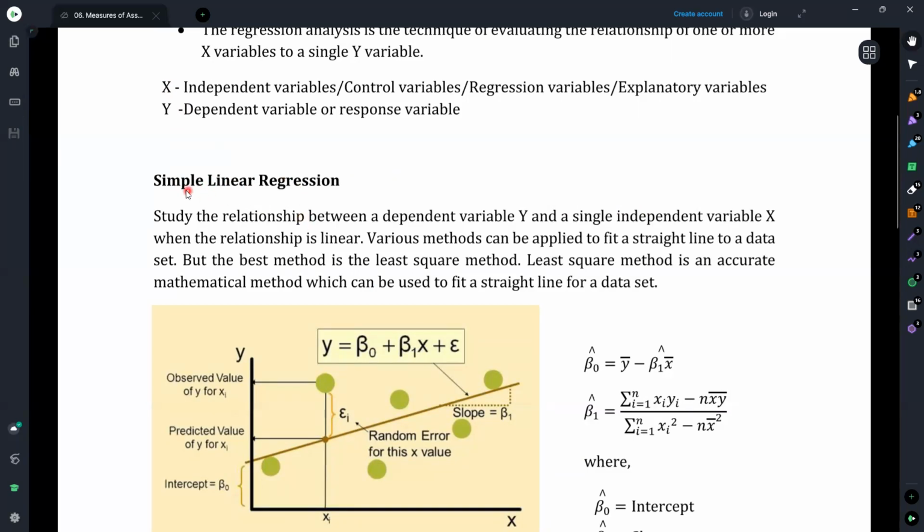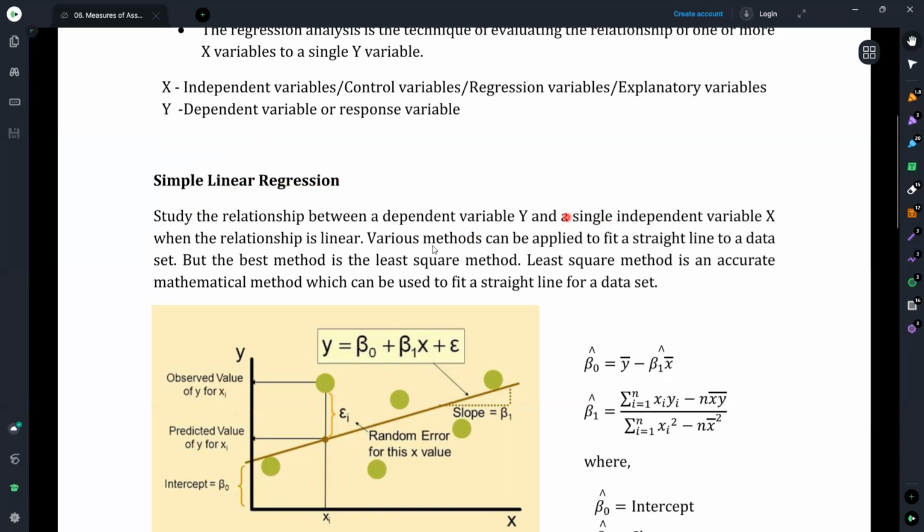That's why we call such a technique simple linear regression. Therefore, if we are finding the linear relationship between one dependent variable and one independent variable, the technique can be named simple linear regression.